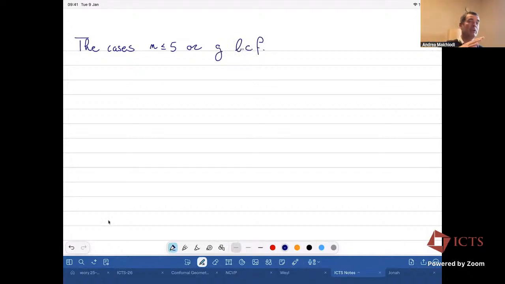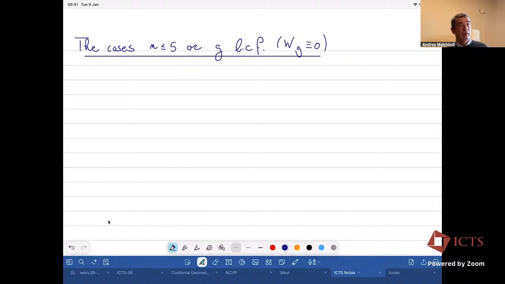So if the dimension is less than 6, the previous argument doesn't work. Or if the Weyl tensor vanishes identically, also we cannot apply the previous reasoning. Okay. And so these were treated by Schoen in 84.